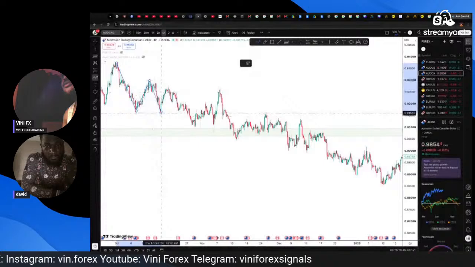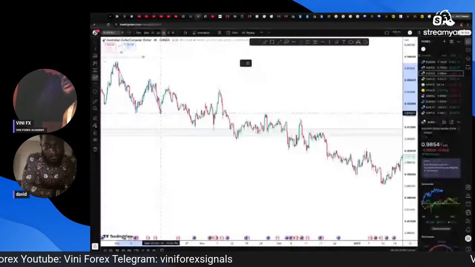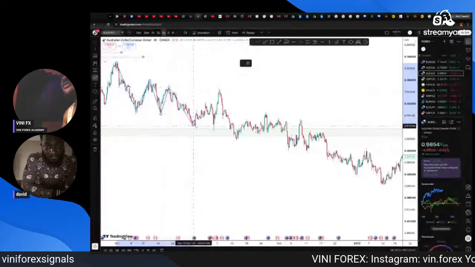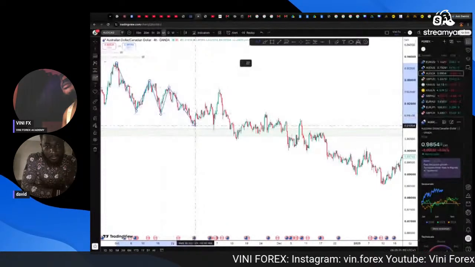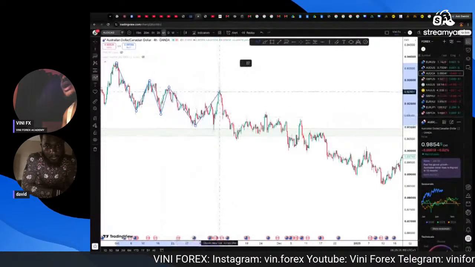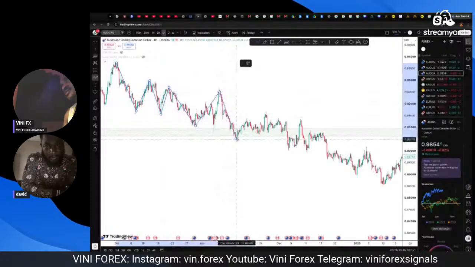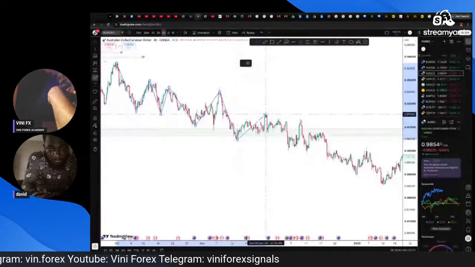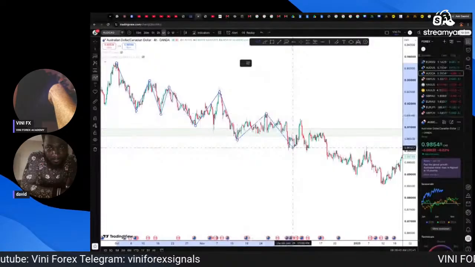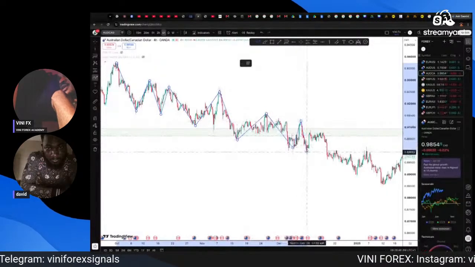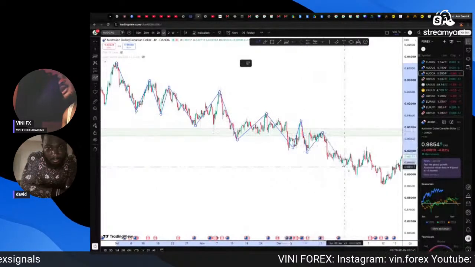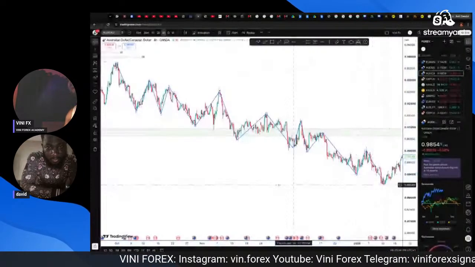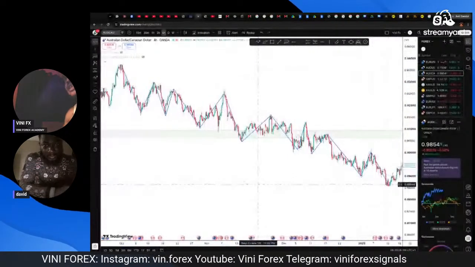Here is a lower low. And here is a lower high, a lower low, a lower high, a lower low, again and again. Is that not a downtrend, my brother?